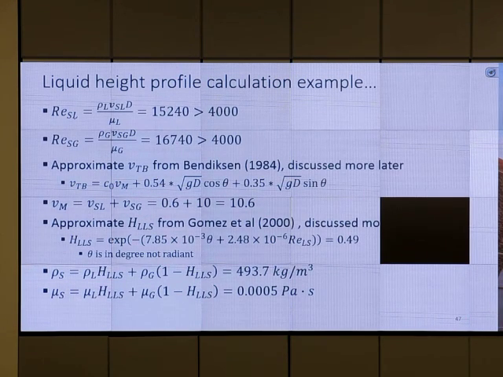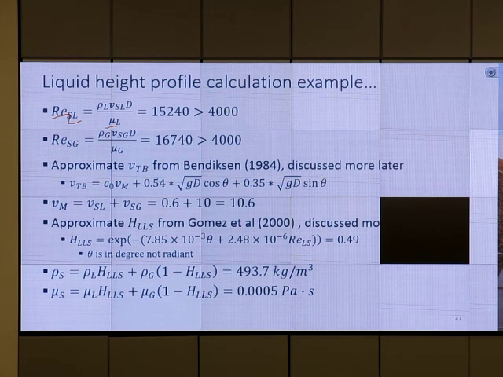Okay. So I calculate my RESL. This is a calculation step. So you want to know how to do this, okay? RESL equals rho L, VSL, D divided by mu L. I think there's some typo in my slide.